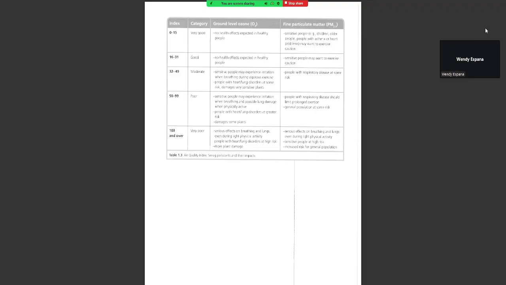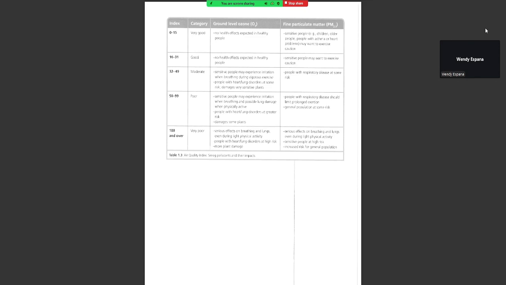Remember, ozone in the atmosphere is healthy, natural, and keeps out the UV rays from reaching Earth, which is a really good thing, keeps us from developing diseases like skin cancer. However, once it comes to ground level, it can have lots of effects, and we're going to talk about that in a minute. We also have the fine particulate matter.